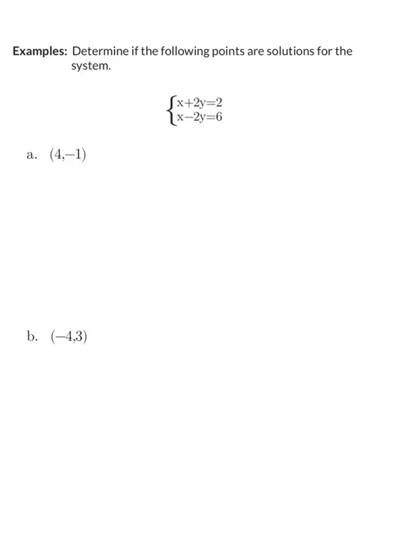So let's look at some examples of this. For our example, we have a system of equations. A system of equations is denoted by the squiggly brackets on the left, and basically this is saying that these are grouped together. We want to determine if our point (4, -1) is a solution to the system.